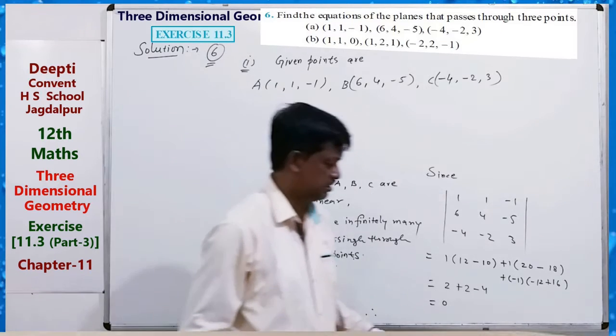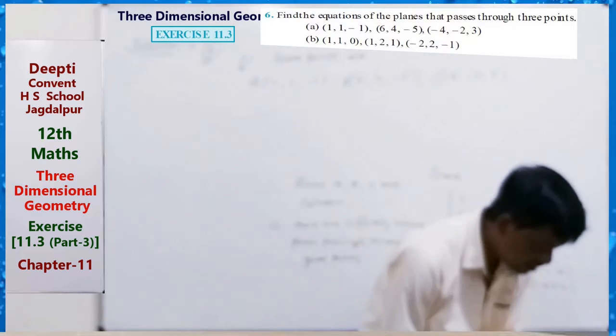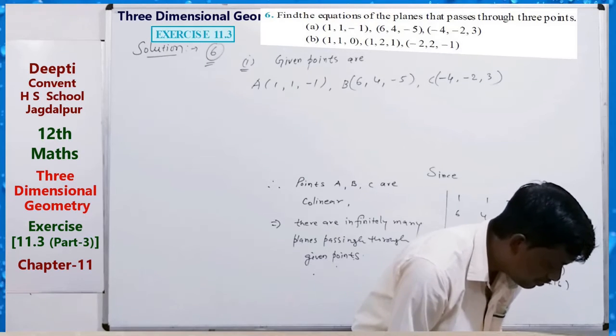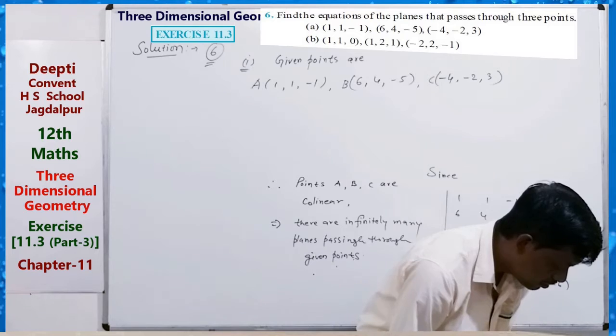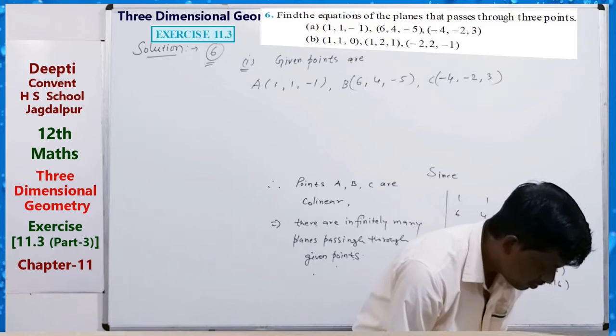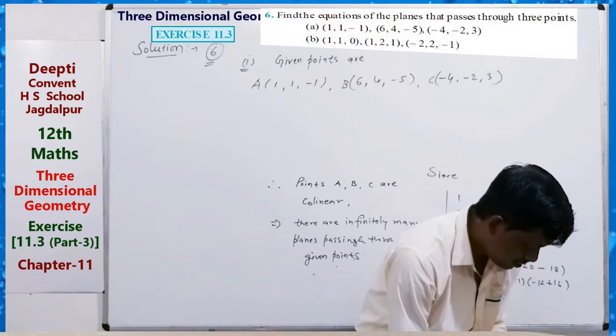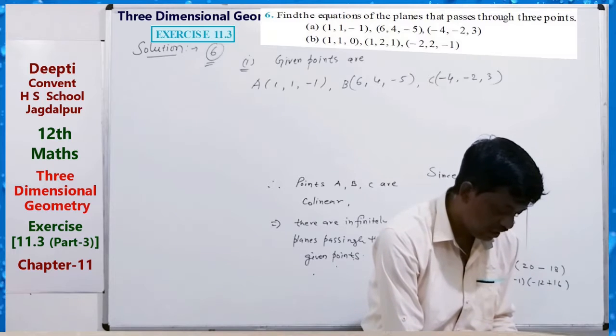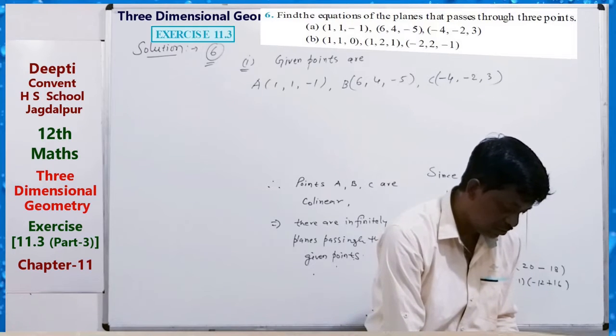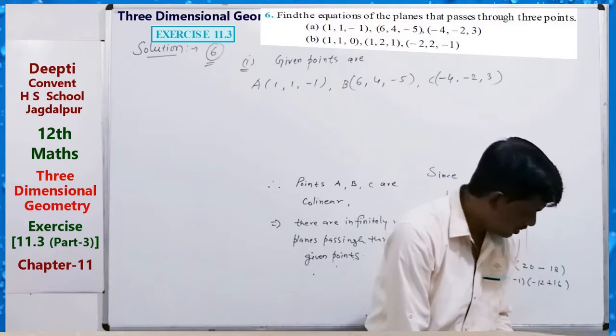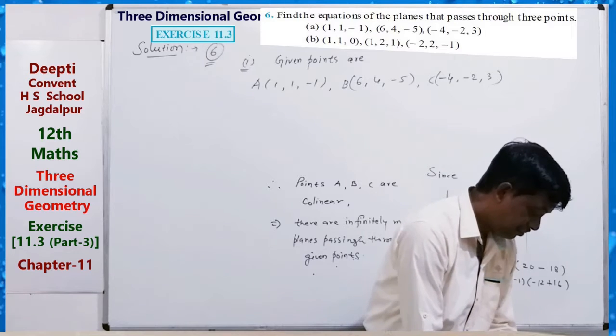That finishes our answer. We can also see the answer in exercise 11.3: the points are collinear, there will be infinitely many planes passing through the given points. Okay, simple.